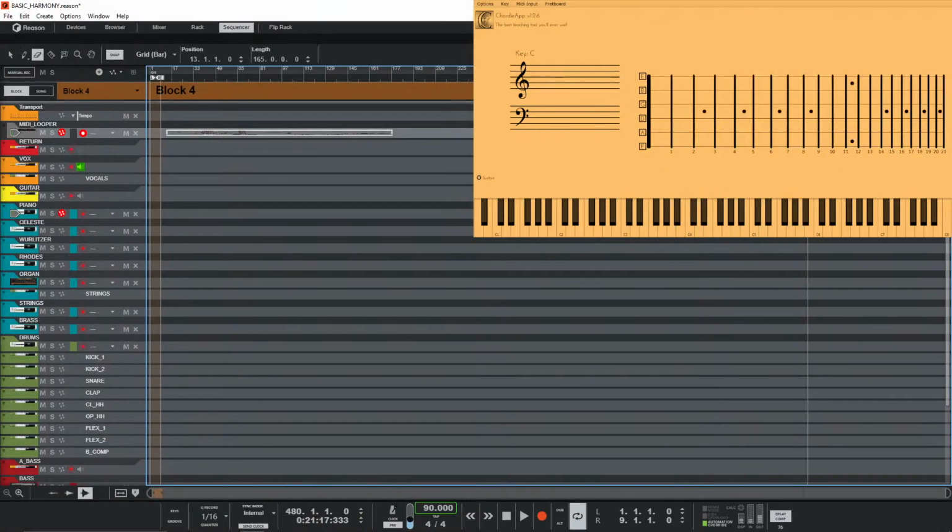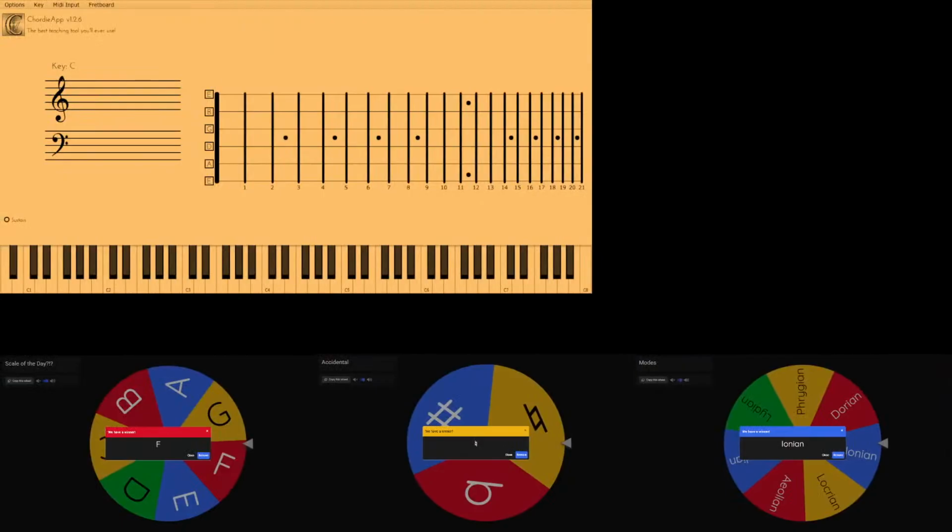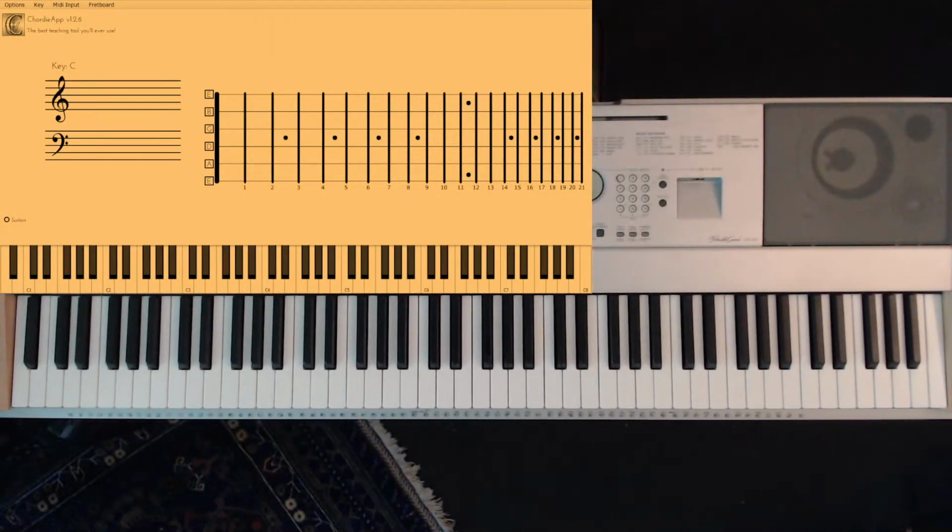Okay, let's noodle a little bit of this. Let's see what camera. Where is camera?